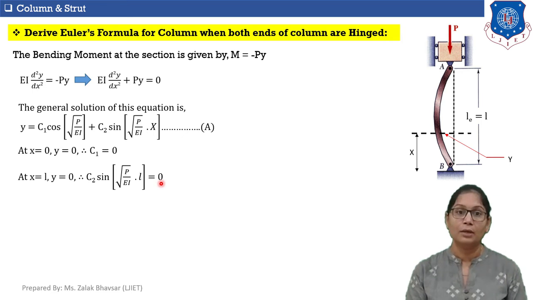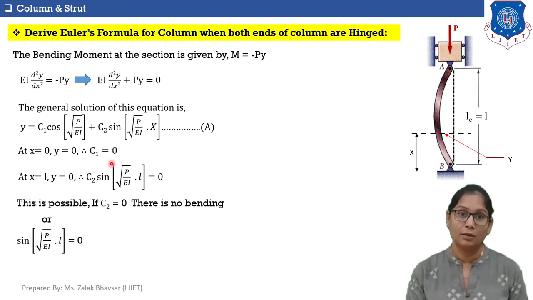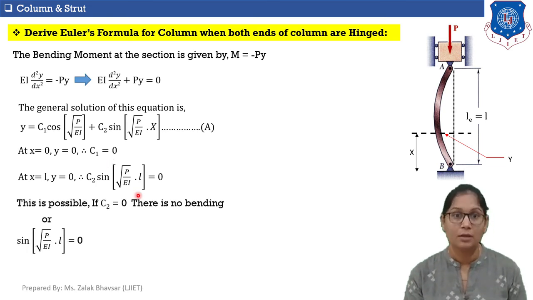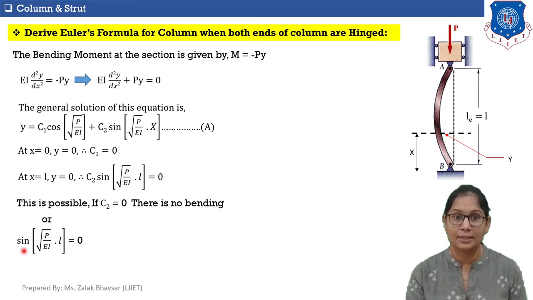For this equation to hold, C2 could be 0, but if C2 is 0 then there is no bending, which is not possible. So in the other case, sin(√(P/EI) L) should be 0.